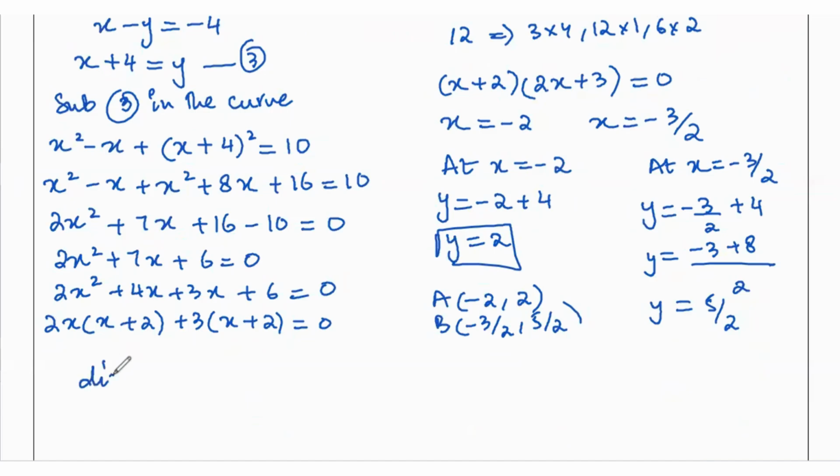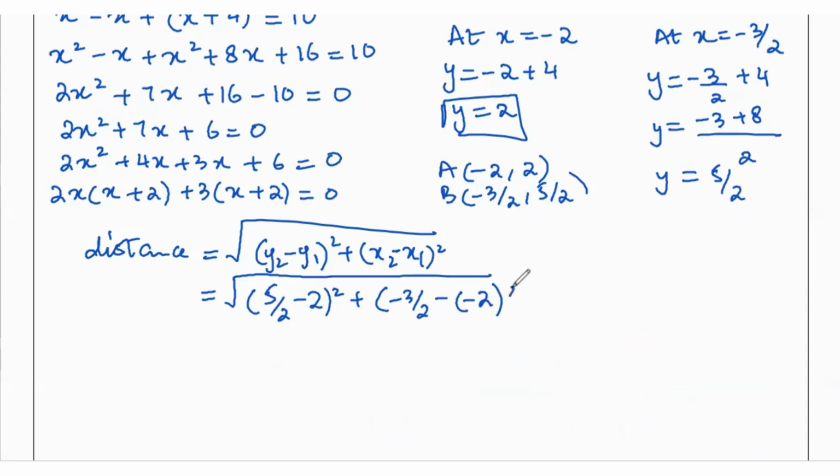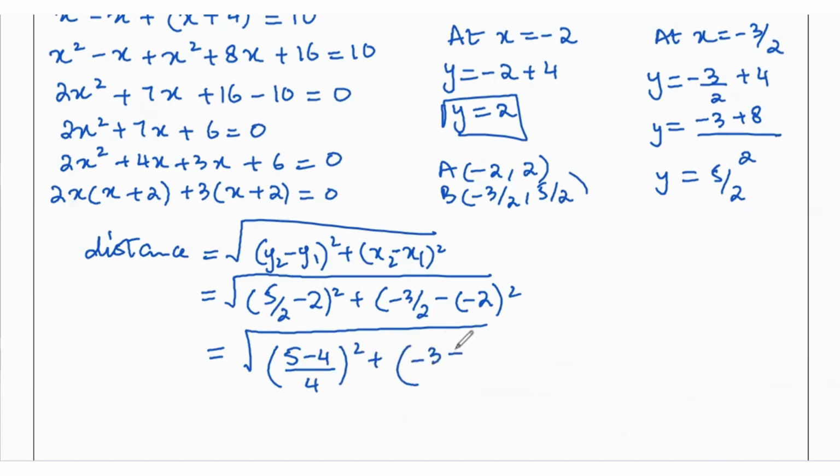For that, we use the distance formula, which is the root of (y2 minus y1) whole squared plus (x2 minus x1) whole squared. So (5 over 2 minus 2) whole squared plus (negative 3 over 2 minus negative 2) whole squared. That's (5 minus 4 over 2) squared plus (negative 3 plus 4 over 2) squared.